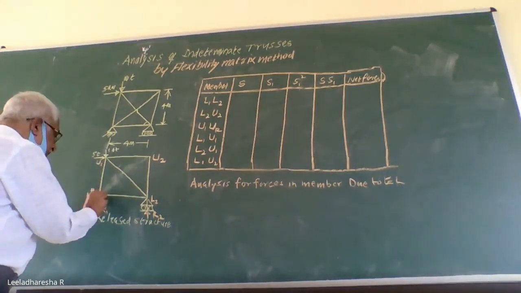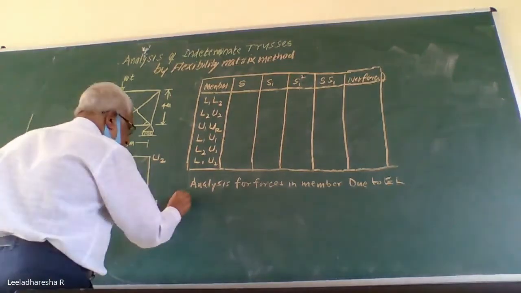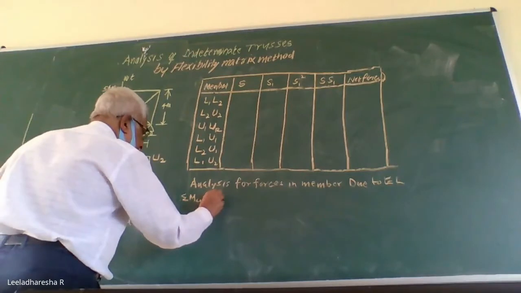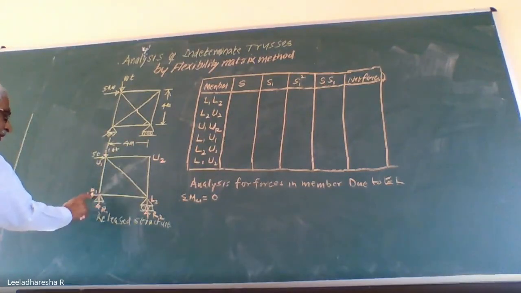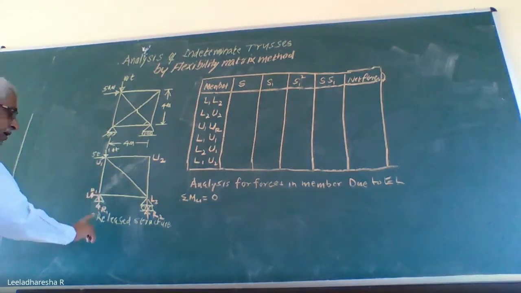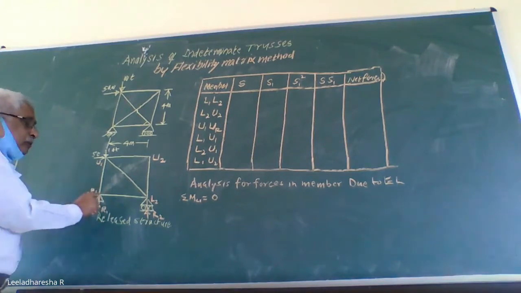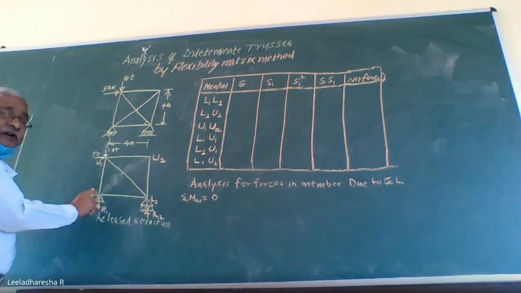Take moment about this point, that is L1, and equate sigma M at L1 to 0. Taking moment about this point, R1 and H1 give 0 moment, because their line of action passes through the moment center. I have taken the moment center as joint L1.